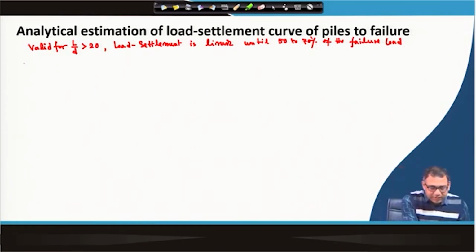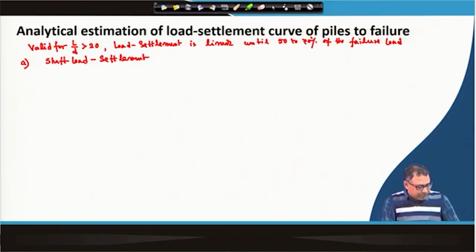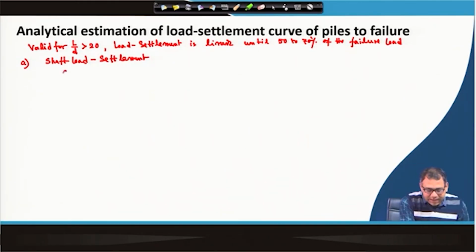So, let us see. First I will discuss, or determine, the shaft load versus settlement behavior. As I discussed, the shaft load Ps is how much?